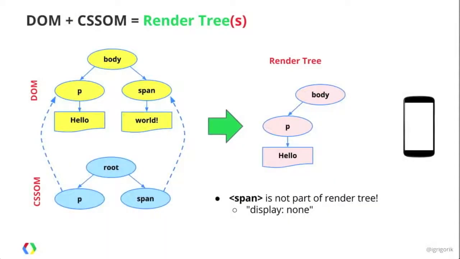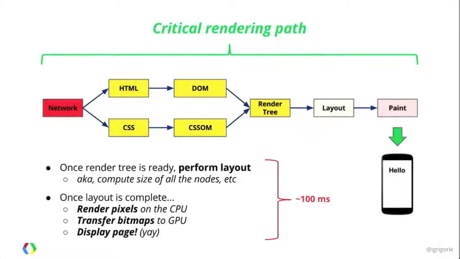If you recall, my span tag was actually display none. So on the other side, we create this render tree that says, if you're going to display none, this element, I don't need to render it clearly. So what I need to actually render is that hello. Finally, after all of that work, we can perform layout and we can actually paint the page. At this point, we have something visible on the screen.